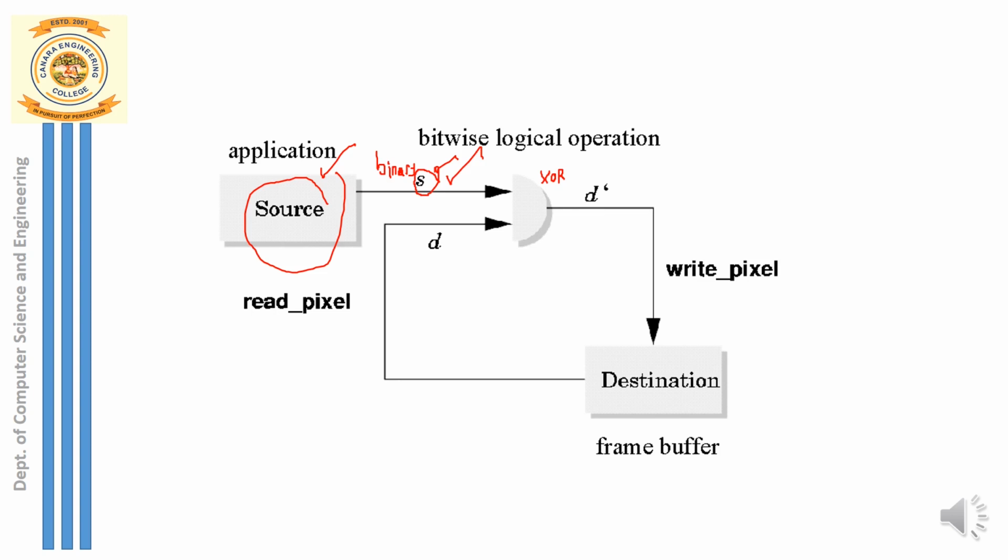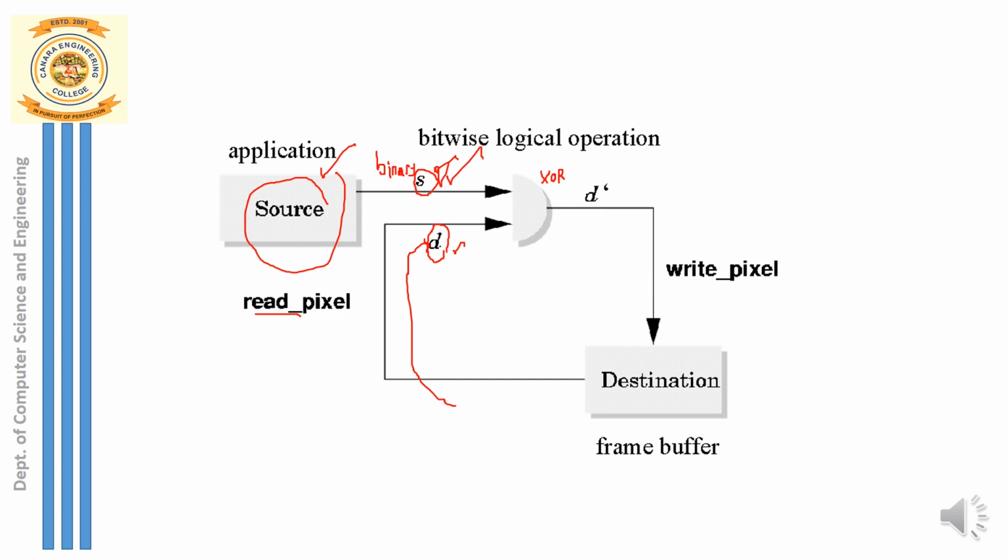One color pixel, which is already stored in the frame buffer, it is going to pick. You have a function, glReadPixels, through which you directly read one pixel, one color bit, from the frame buffer, and that pixel information that you have retrieved is nothing but, say, D.